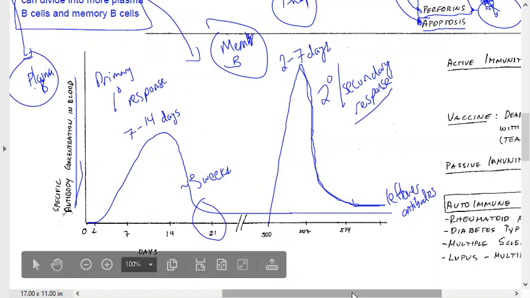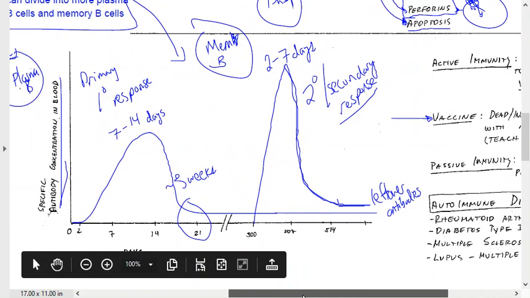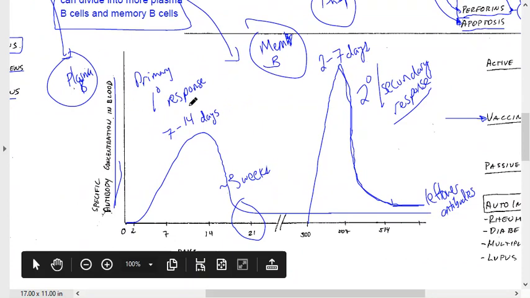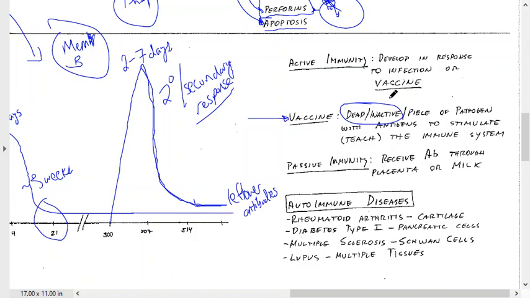So what's the association with vaccines? Because this is a great time to talk about vaccines. Vaccines basically pretend to be the primary response. And the vaccine itself is one of two things. It's either an inactivated pathogen, so it might be an inactivated virus. Let's talk about COVID.